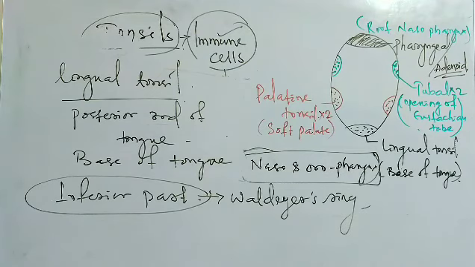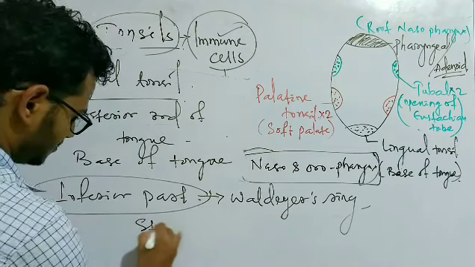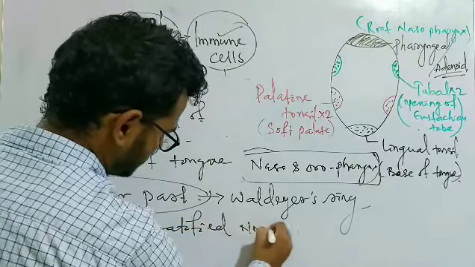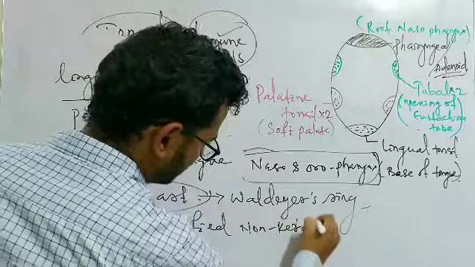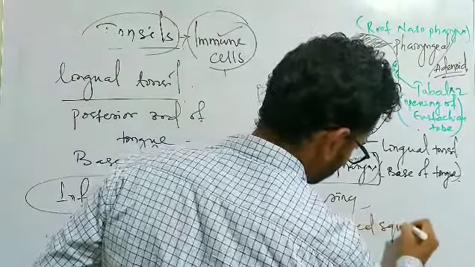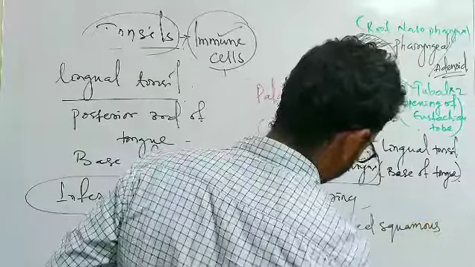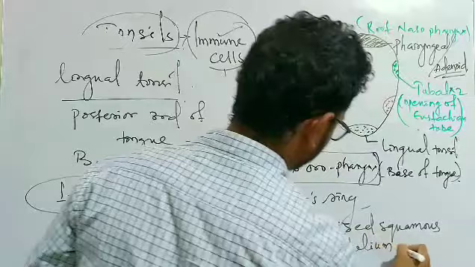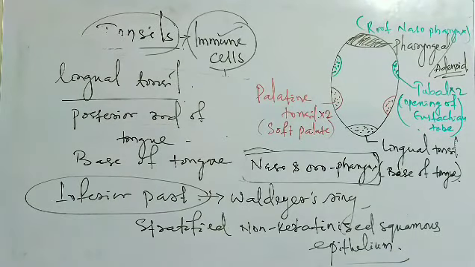Clear? So it is the lowermost part or the inferior part of the Waldeyer's ring, and it is covered by stratified non-keratinized squamous epithelium. So it is lined by a type of epithelial cell which is stratified non-keratinized squamous epithelium.